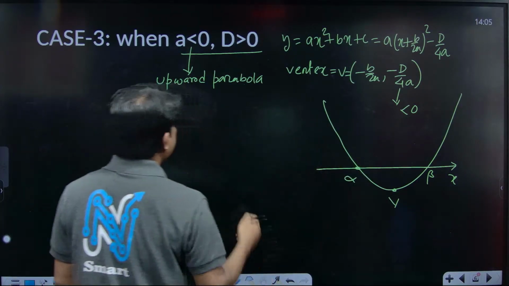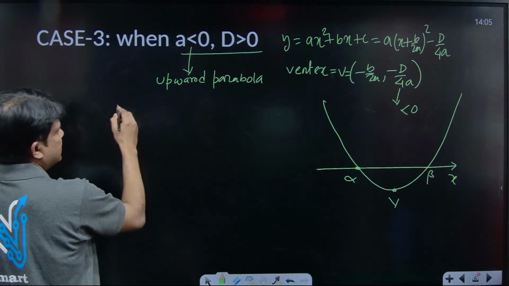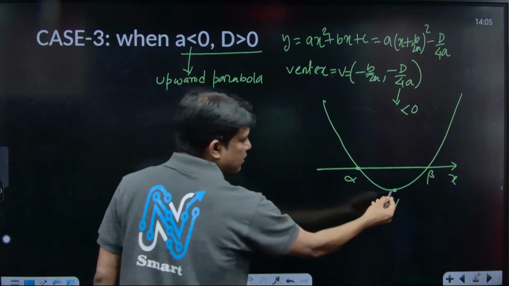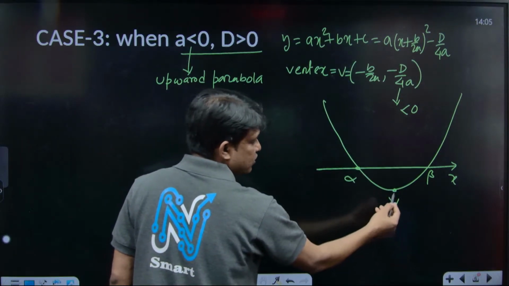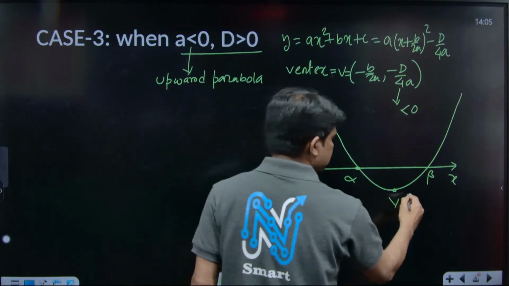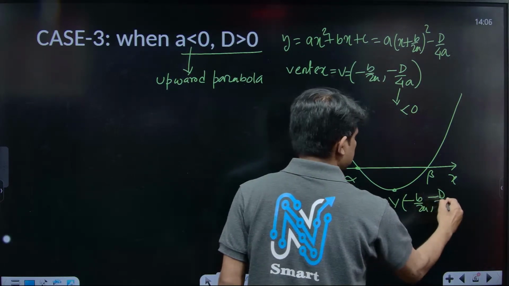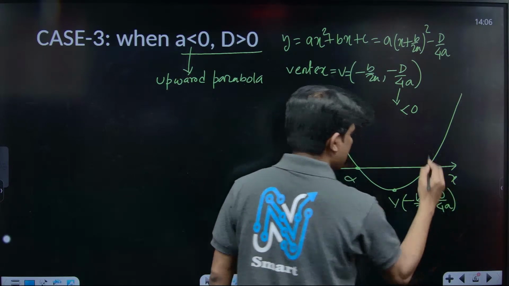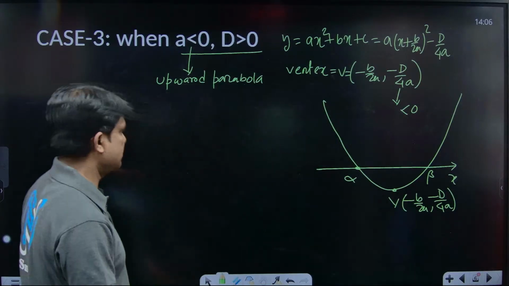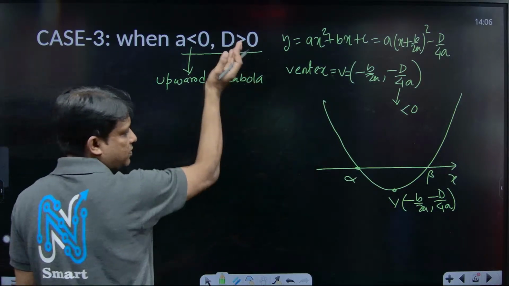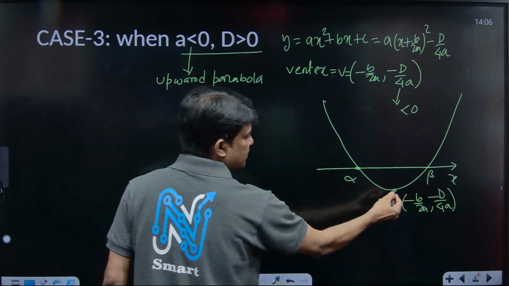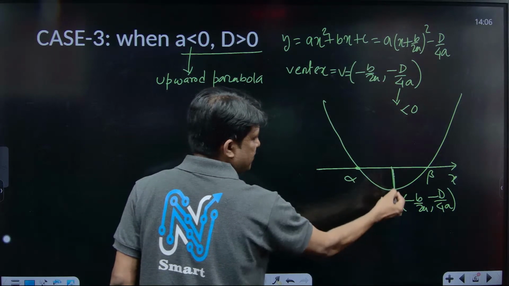Just visualize y equal to an example of this type. In that case, the minimum value is negative, because the ordinate of this vertex is minus b by 2a and minus discriminant by 4a, and the ordinate must be negative. This is the minimum value. For an upward parabola, this is the minimum point of the function, called the minimum value.